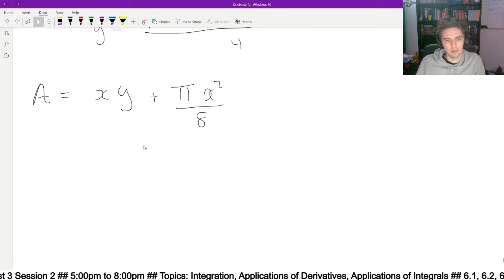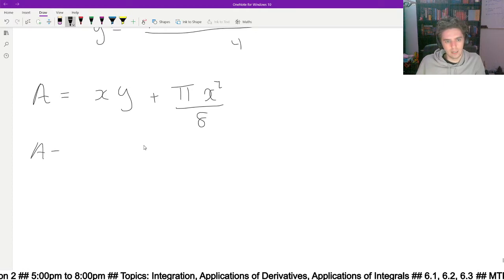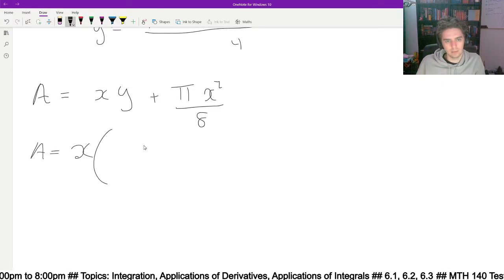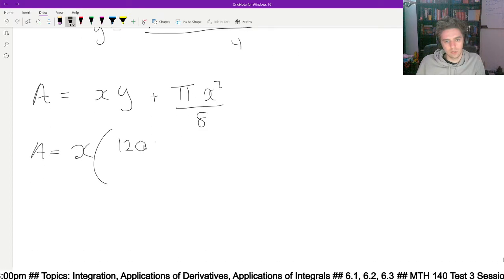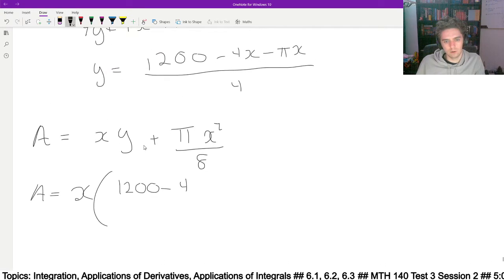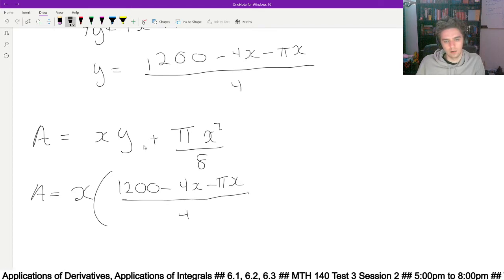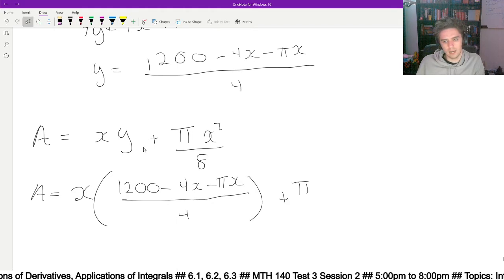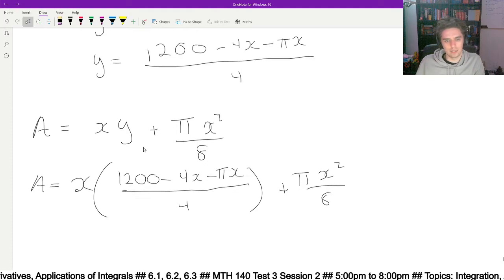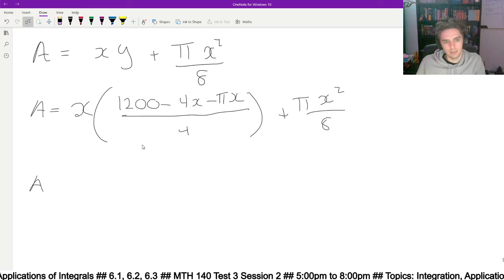So A equals x times 1200 minus 4x minus pi x over 4 plus pi x squared over 8. Okay, I'll simplify this a little bit.